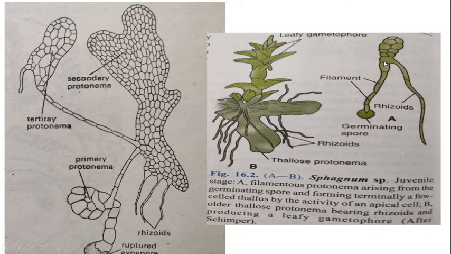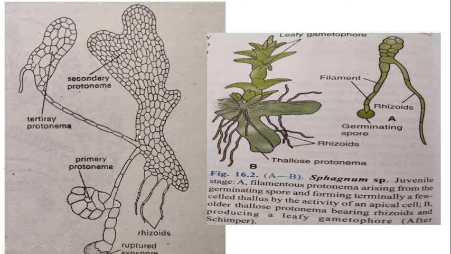After this filament matures and shows more divisions, the protonema will be formed, and you can see this is the thallus protonema, showing the formation of rhizoids, and over this thallus protonema a bud is situated, and this bud will further give rise to the leafy gametophore. So I hope it is now clear what protonema is, how protonema is formed, and how it gives rise to the leafy gametophore, or the adult plant.